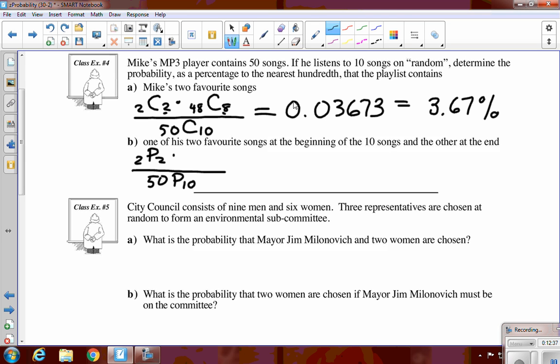What's left over for songs? 48 permutate 8, because the order is important. Oh, sorry, 8. Yeah, my bad. So this should be an 8. We'll fix that. Isn't that a lovely 8? Now it's still saying to 2 decimal places for a percent.